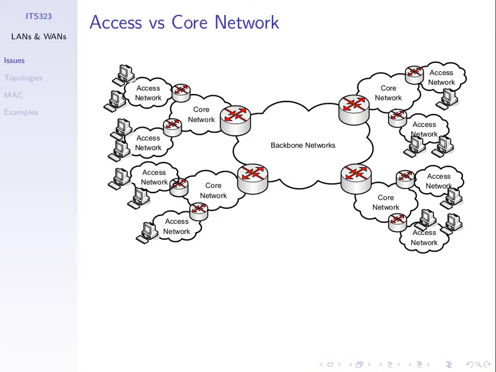How many networks in this picture? Where a cloud represents a network. How many networks? "13 networks." All right, you count the clouds, there are 13 there. Just in this example.